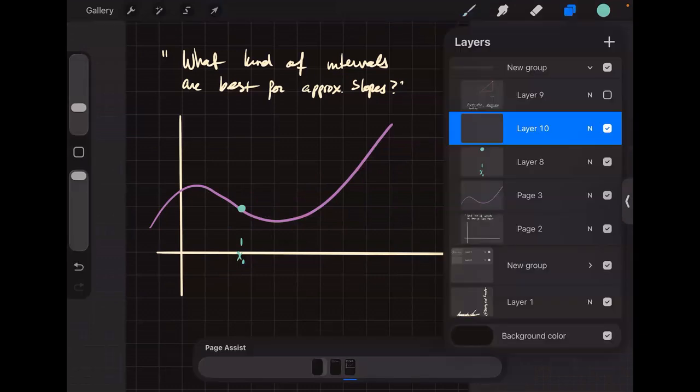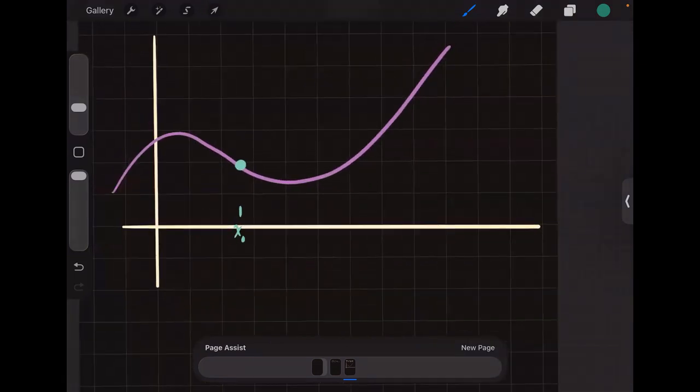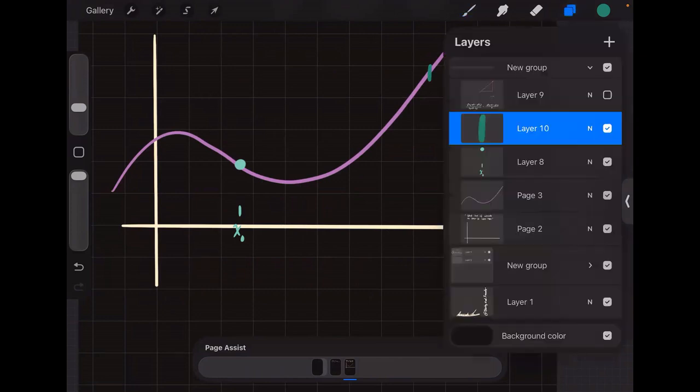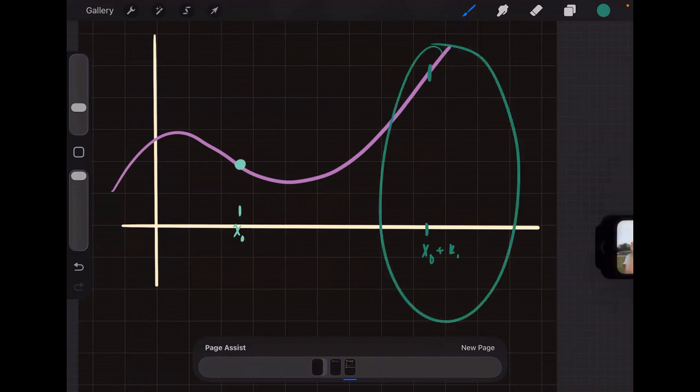Okay, so what if we tried something different? Let's call this x sub 0 plus k1, just some number, where the distance is k1.